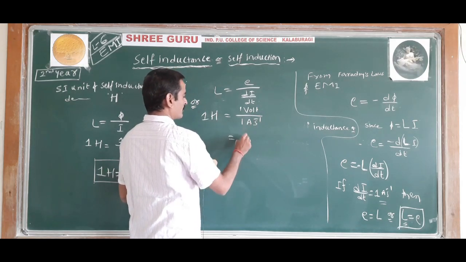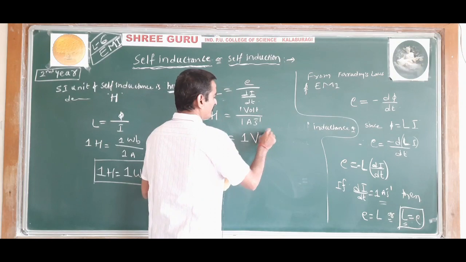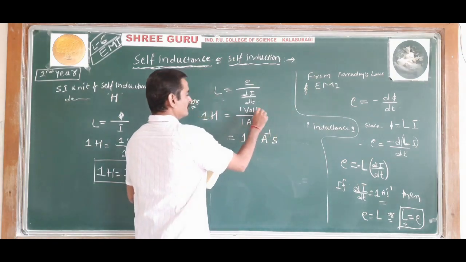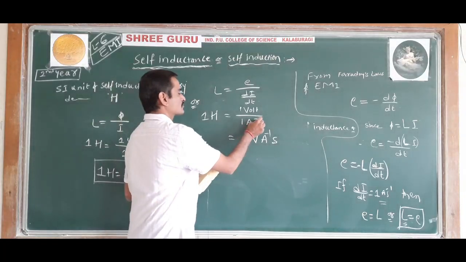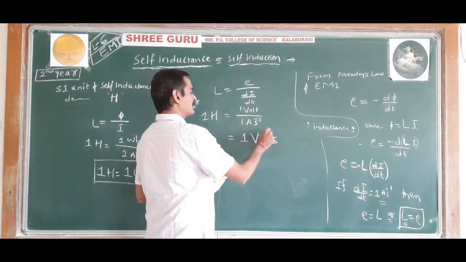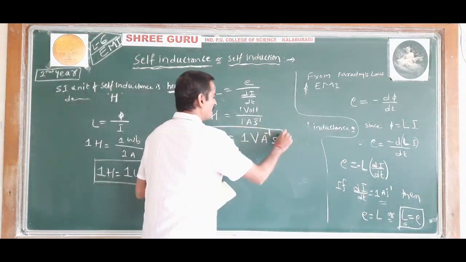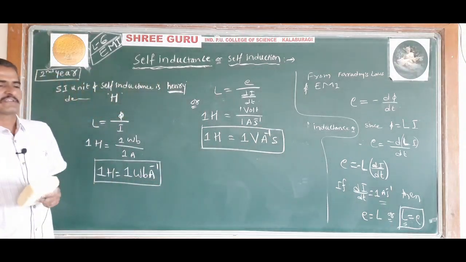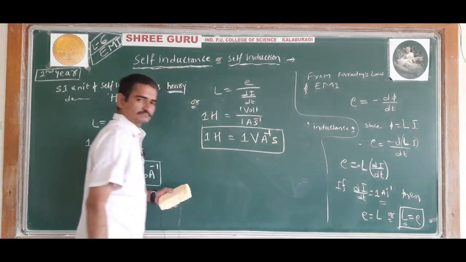So when it is taken to the numerator, 1 volt per ampere second. When it goes to the numerator, A becomes A to the power minus 1 and s to the power minus 1 becomes s to the power plus 1. So therefore 1 Henry is equal to 1 volt per ampere second.